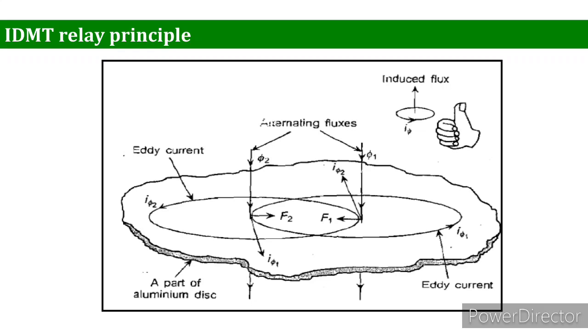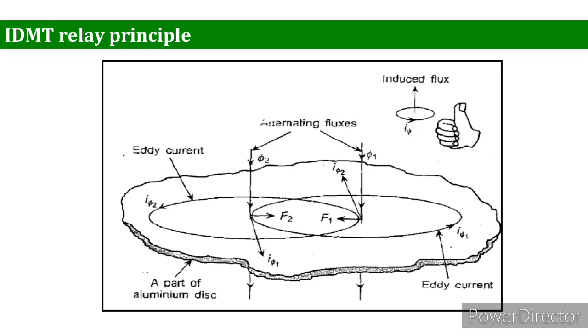As you can see in the figure, the torque is produced by two alternating fluxes acting on a common metallic but non-magnetic rotor. This plate is the aluminum disc that we also mentioned in our TMS setting, the time multiplier setting.